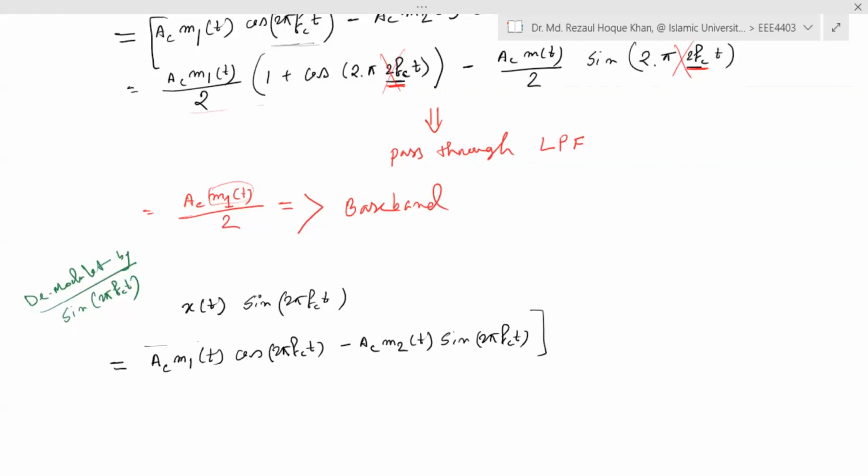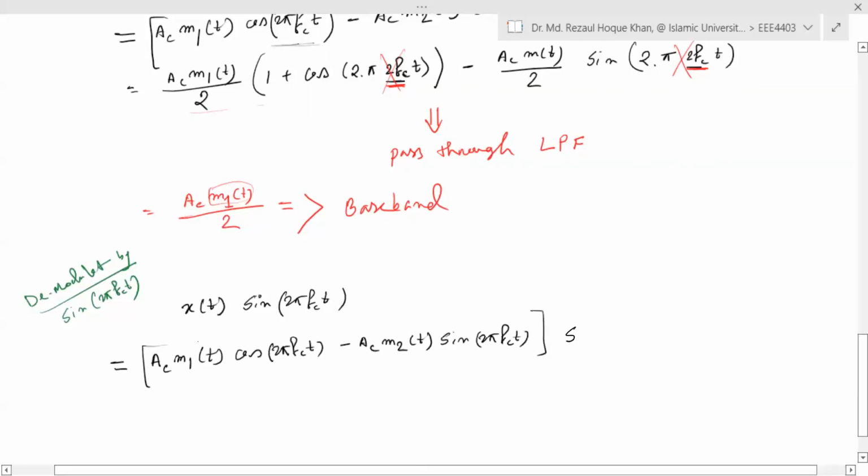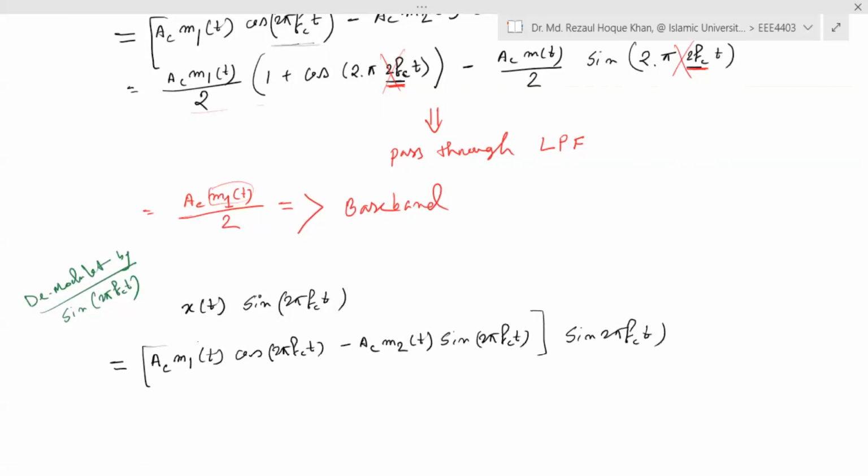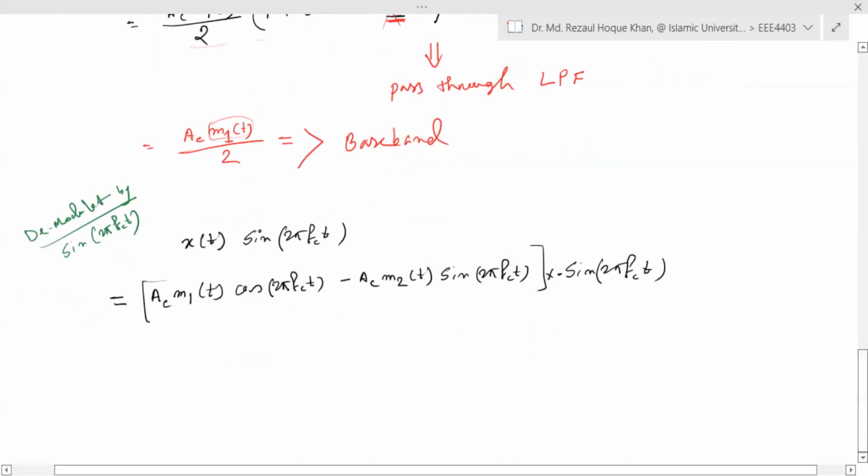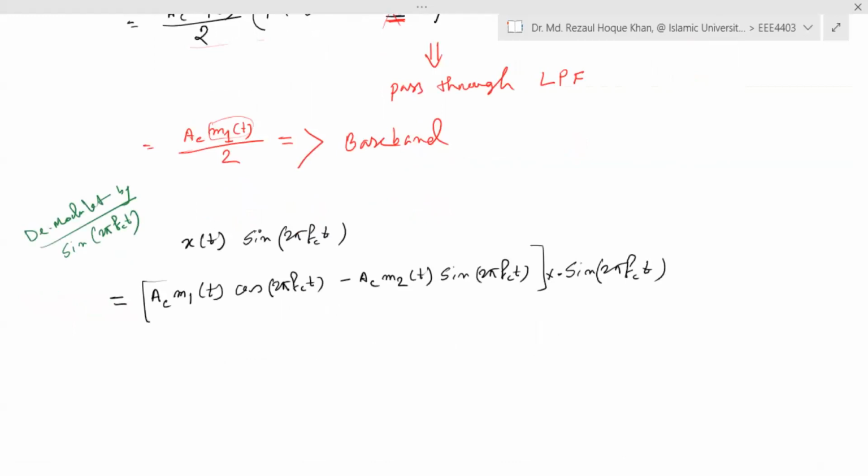So this signal will be multiplied by sine 2 pi fct. Okay, for the sake of derivation, we take it as a minus sign, which is actually the same thing, only the negative sign.